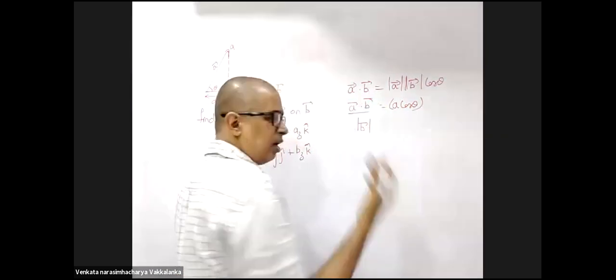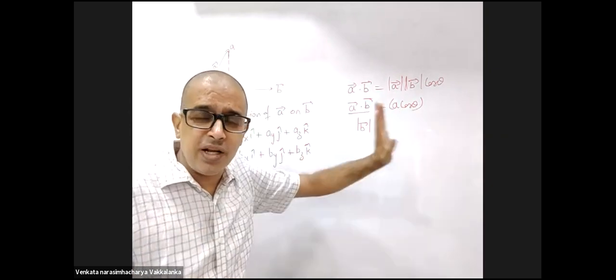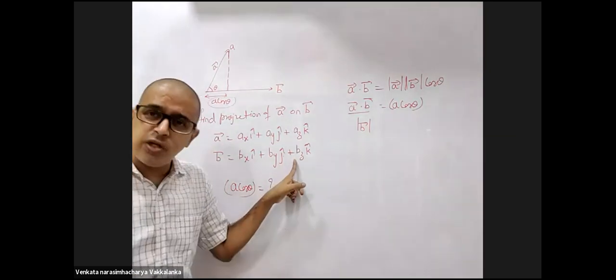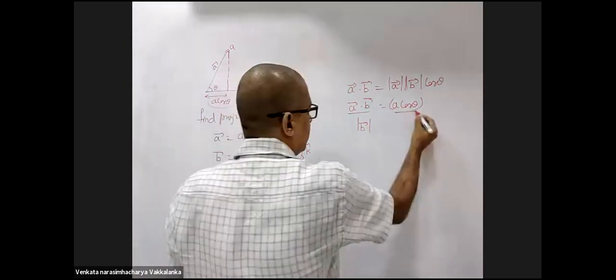So this is my A cos theta. Your requirement is A cos theta. You didn't give me A directly, you didn't give me theta. You gave me Cartesian coordinates, rather position vector form. Now, how do I get A cos theta?